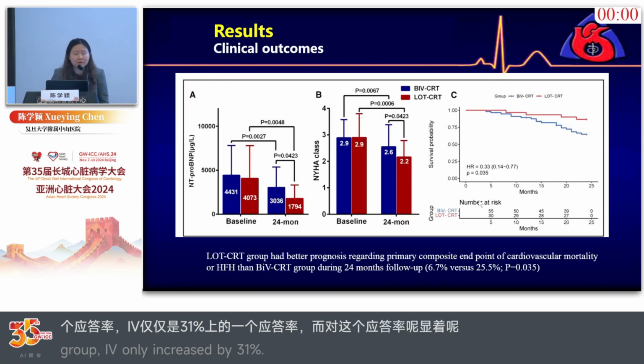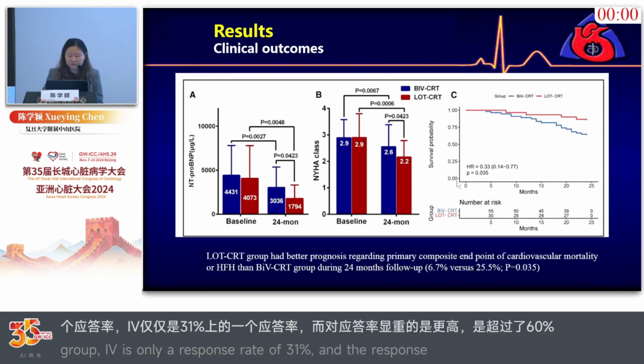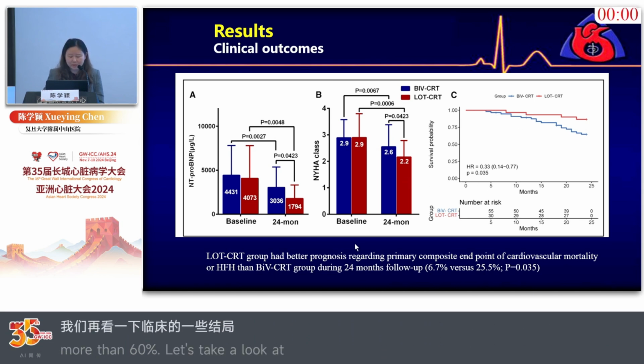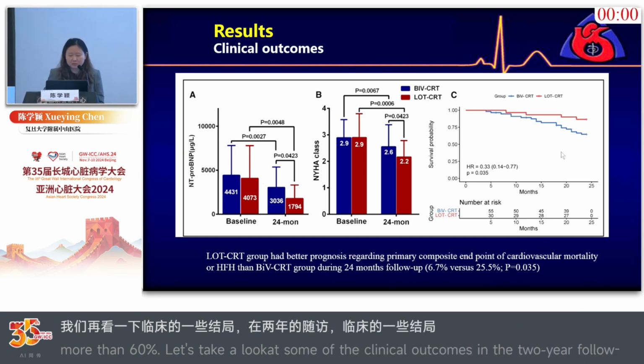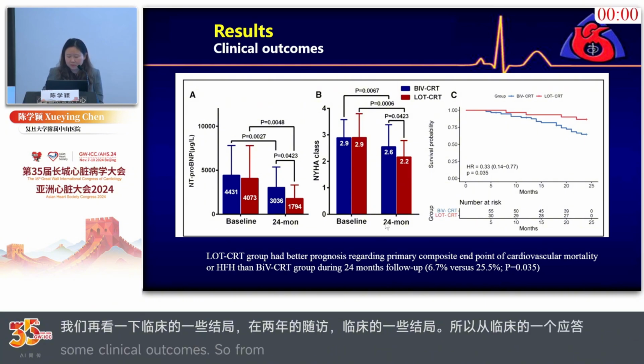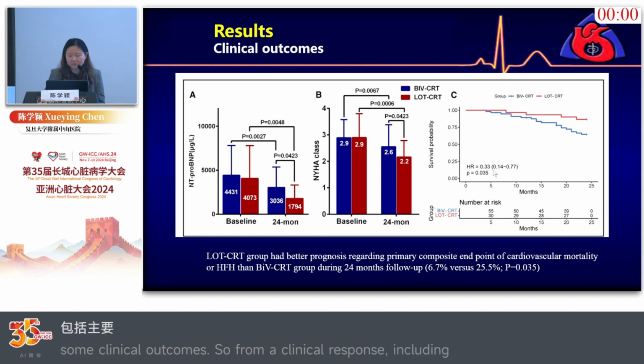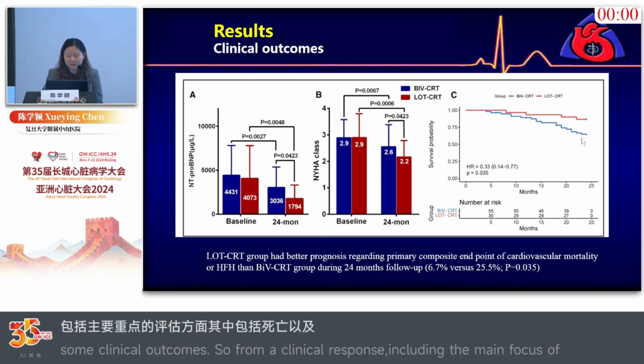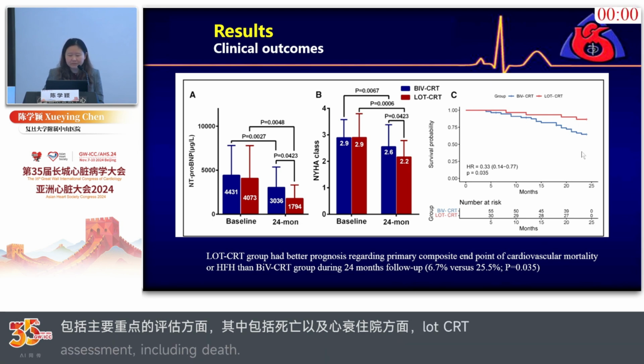And for the clinical outcome at 2 years of follow-up, we have better clinical response and also a lower primary endpoint, including mortality or heart failure hospitalization, in LoT-CRT than BiVP CRT.